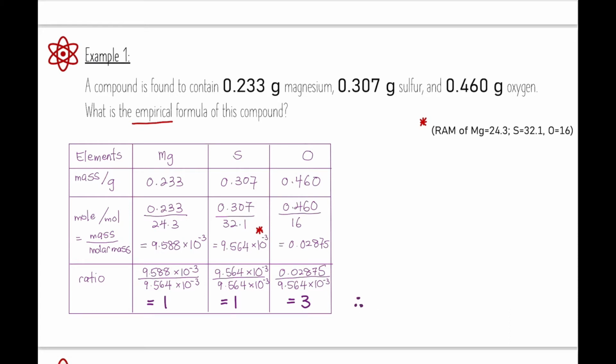Based on this smallest ratio calculated, we can simply conclude that the empirical formula for this compound is MgSO3.